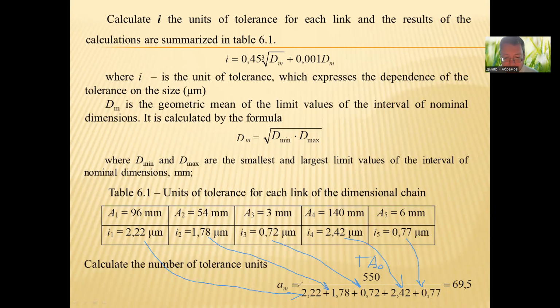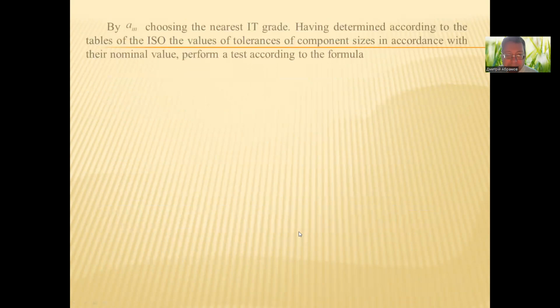And then we can calculate A suffix m. A suffix m will be equal to 69.5 micrometers. So 69 and 5 micrometers.